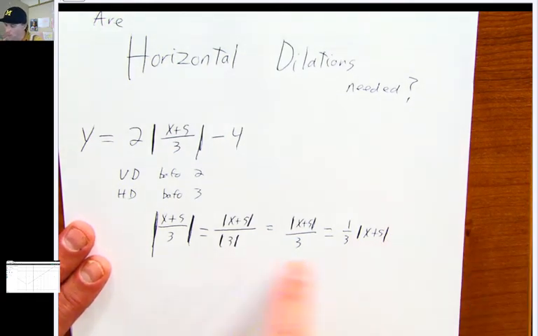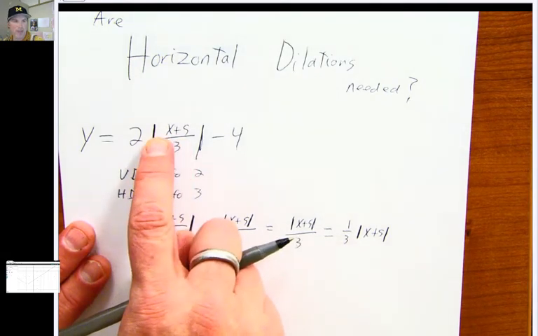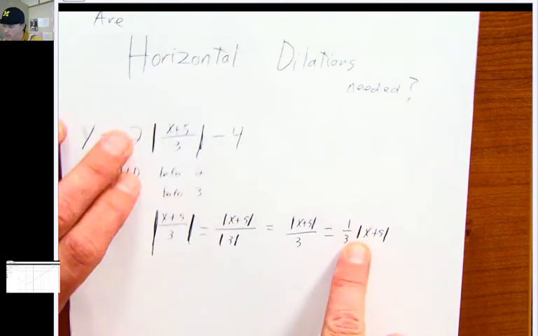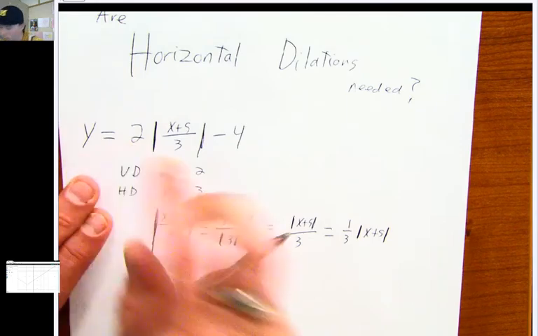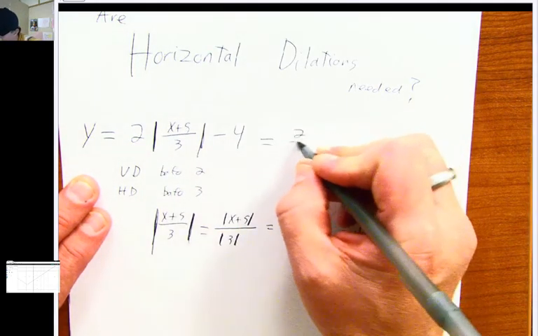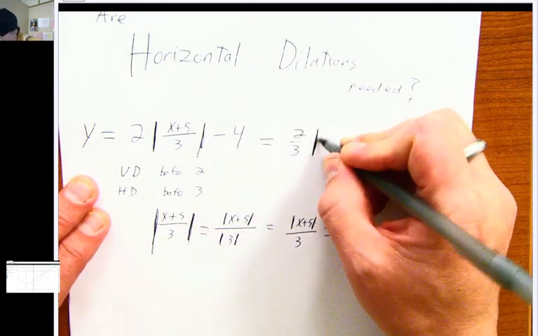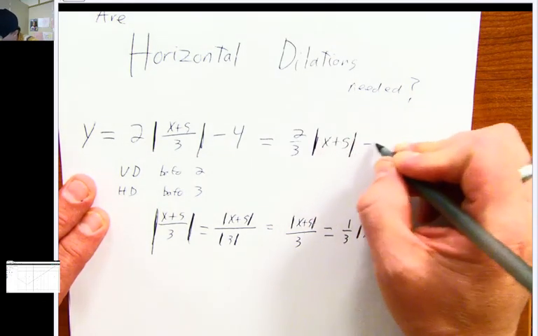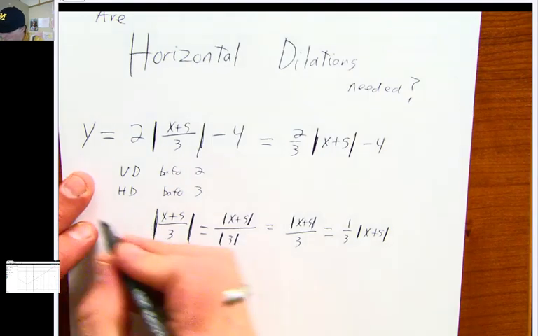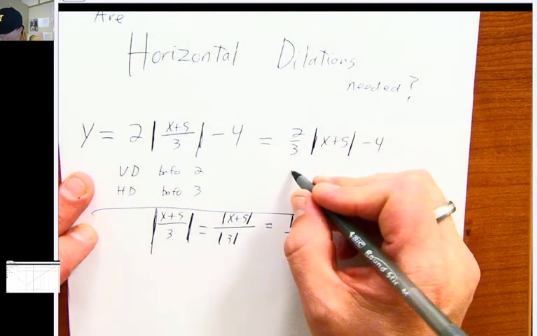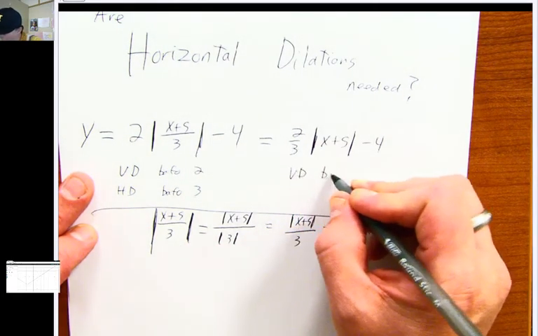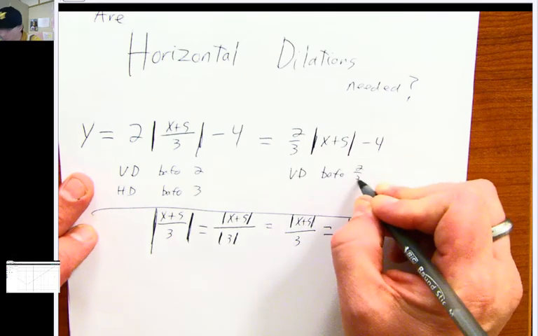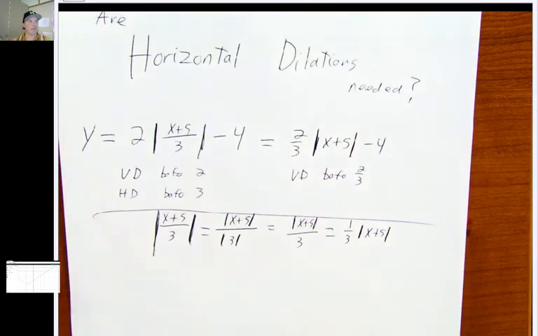Then if I took that 1/3 and multiplied it by 2, I would get 2/3 absolute value of x plus 5, minus 4. And this equation only has a vertical dilation, but it's by a factor of 2/3, which is kind of awkward.